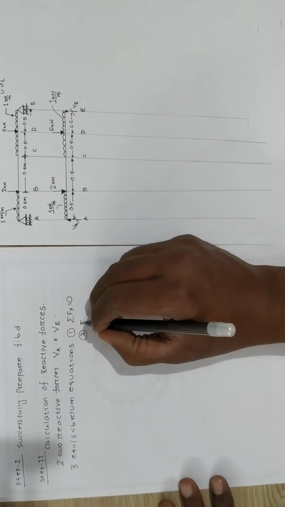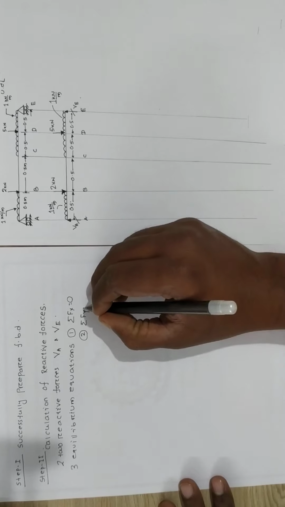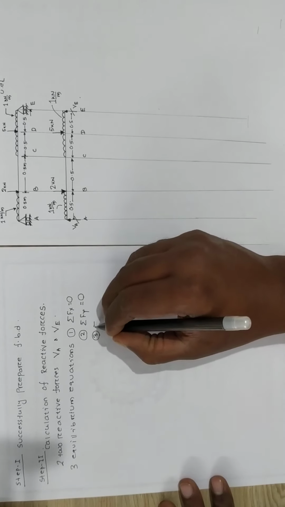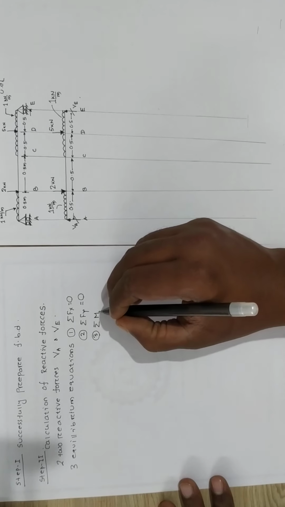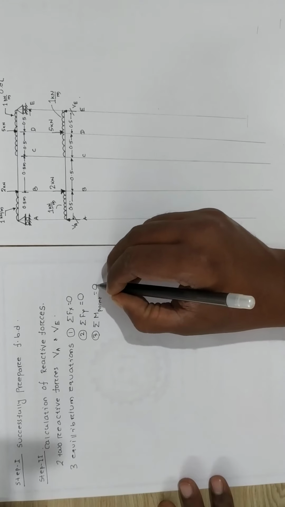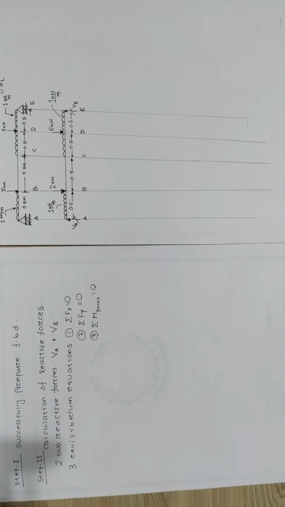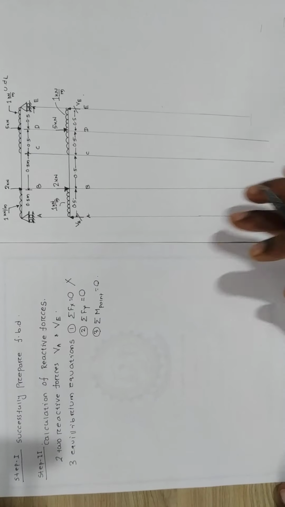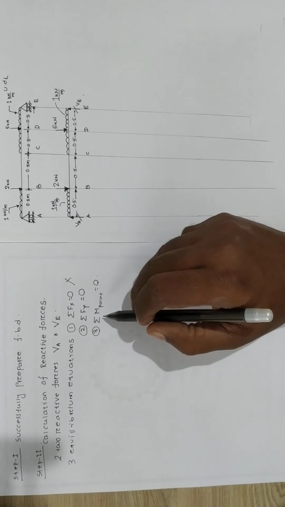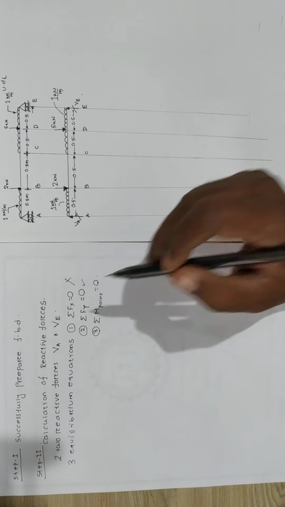Number two is summation of forces along the vertical direction is 0. And number three is summation of moment about a point on the beam equals 0. Okay. So summation of Fx, here it will not apply because there is no force along the horizontal direction.